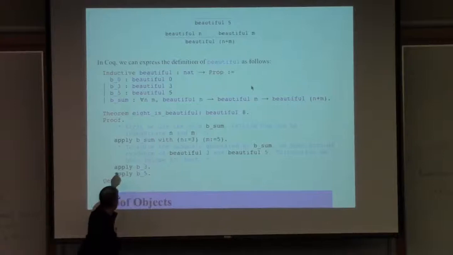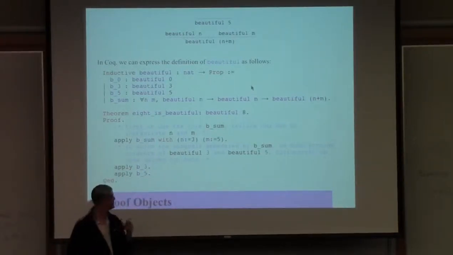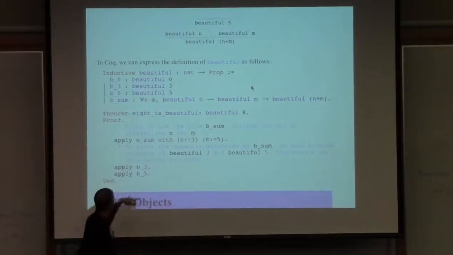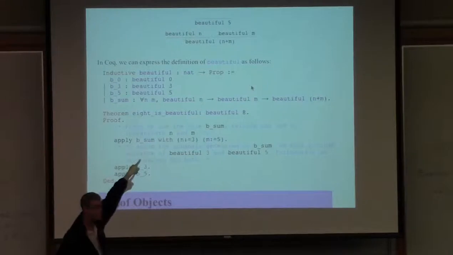So here we're in a proof state where the goal is beautiful 3. Up there we have something of appropriate type. That's all apply needs. So it unifies beautiful 3, which is the goal state, with the conclusion of the type of the axiom that's being applied.